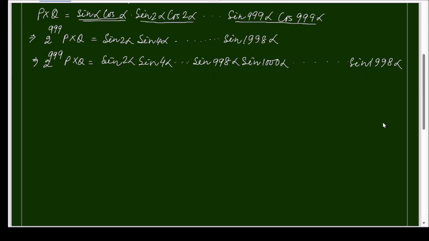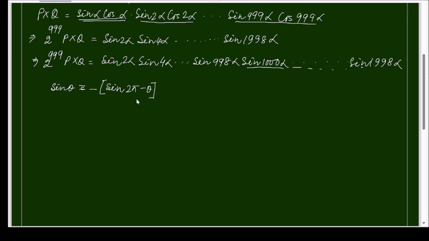So after getting this term, then we'll apply the trick. What is it? From 1000 alpha onwards, I'll try to change it to make a smaller number, the previous number. How to do this? I'll apply the trick that sine theta is equal to negative of sine of 2 pi minus theta.